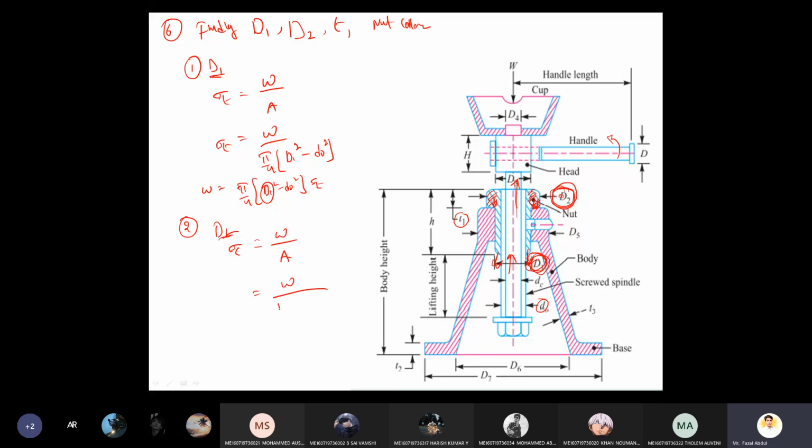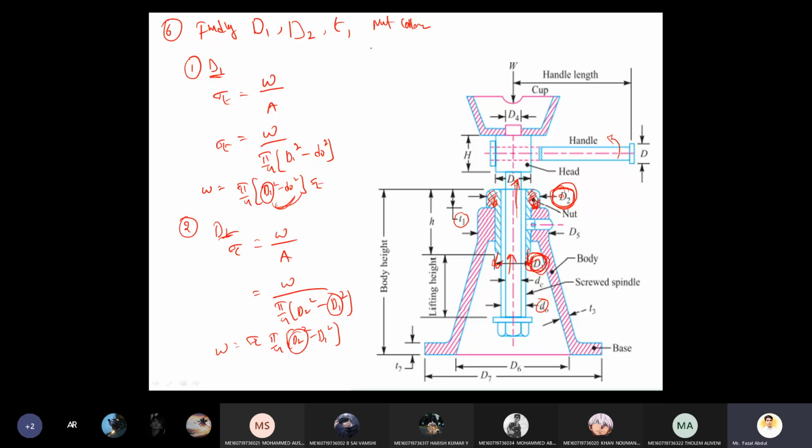That is pi by 4 into d2 square minus d1 square. d1 we just now calculated here, right? Here d2 is calculated. So W equals sigma c into pi by 4 into d2 square minus d1 square. d2 is determined. This equation is called compressive resistance for the nut.